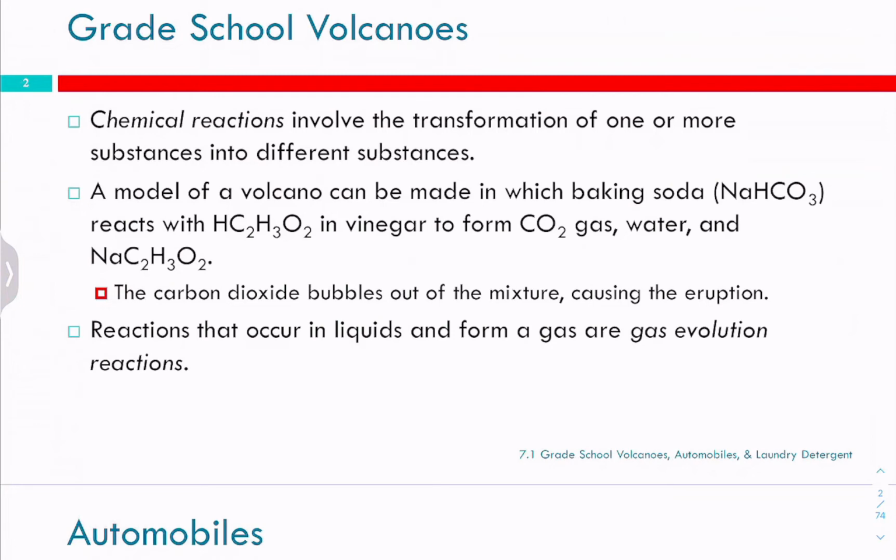Reactions that occur in liquids and form gas are gas evolution reactions. We'll talk more about those, but that's just one type of reaction. You can do a similar experiment with hydrogen peroxide and potassium permanganate, and it's the elephant toothpaste reaction. It's a lot more exciting than this.